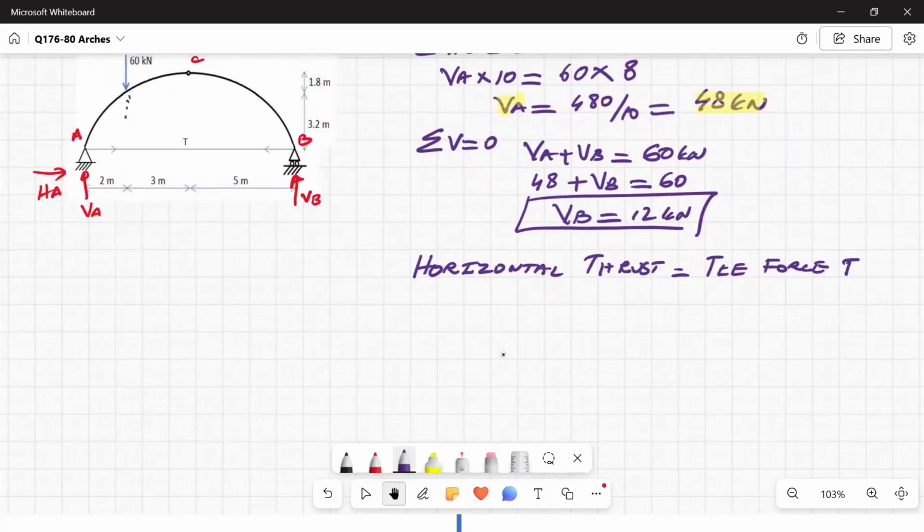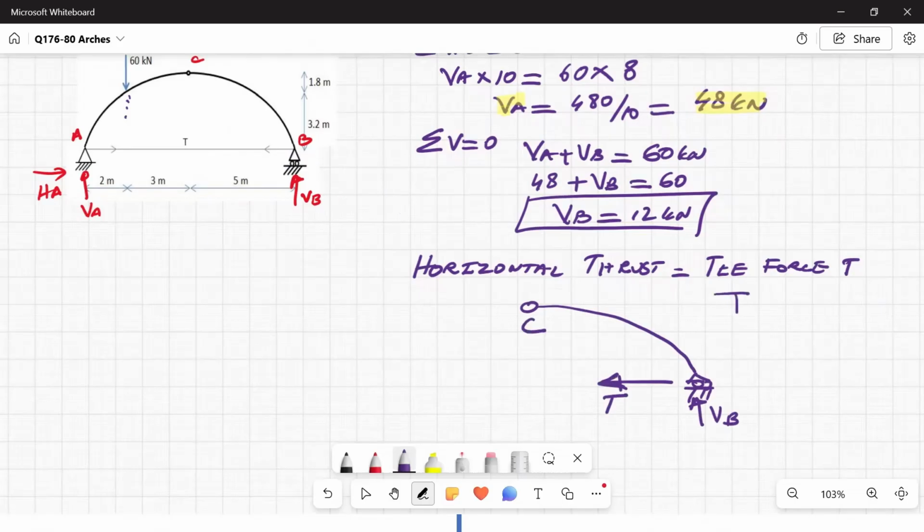On right side we don't have any loading, we just have this roller support which has got vertical reaction VB, and it has got this tie force which is T, and the distance is equal to 5 meters in vertical direction, and horizontal directions it is 5 as well.